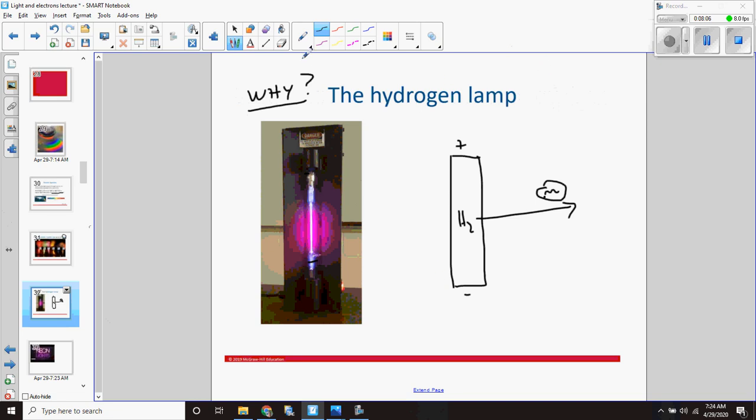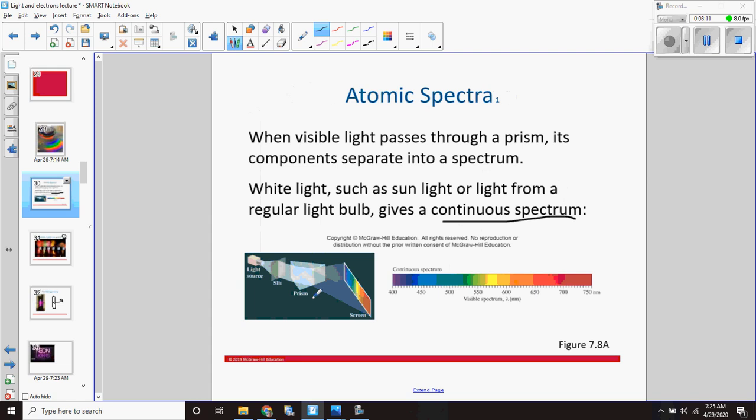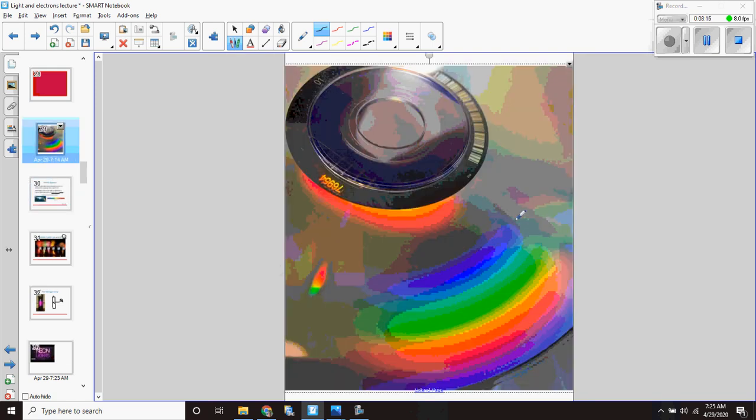Well, remember, scientists have a couple tricks up their sleeve. Scientists have prisms. They have things called spectroscopes. The simplest example we showed was with the CD. The CD can act as a prism to separate out the light.